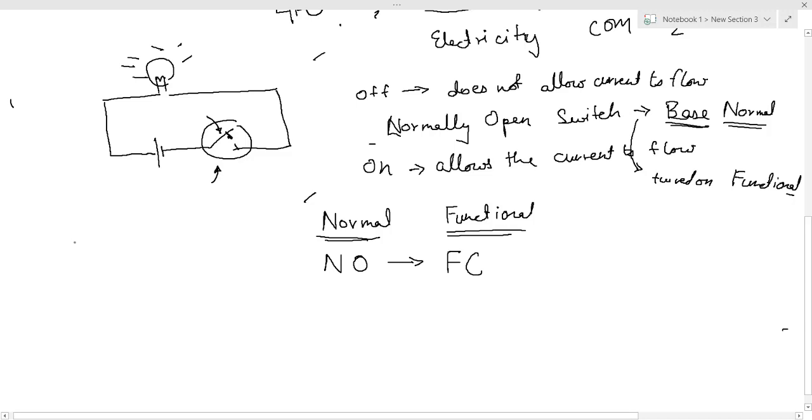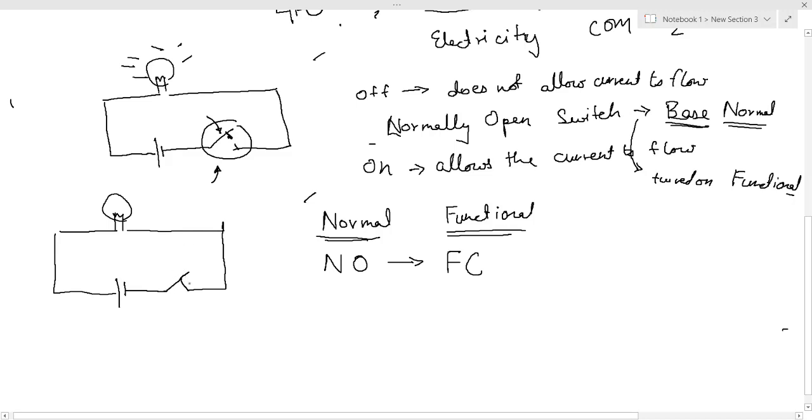Now there can be another type of circuit also. In another type of circuit, the switch that we use is known as an NC switch. In case of an NC switch, initially the switch is connected. Initially, when no effort has been put on it, the circuit is closed.